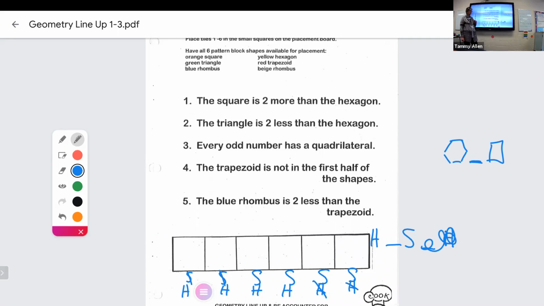That means the hexagon can't be here or here, right? So with your shapes, I would leave another space and put the triangle. Which also shoves our square over how many places?